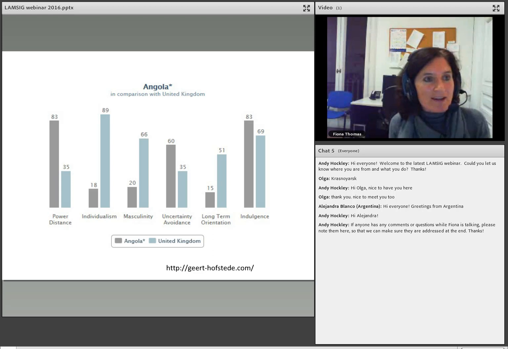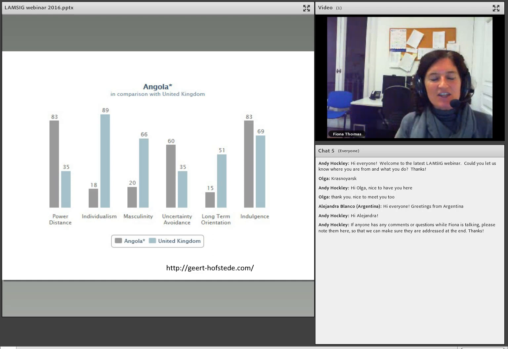They're just scoring on how important certain things are in those different categories. So if you look at the second category, that of individualism, you can see the darker grey, that's Angola, scored 18 out of 100. Whereas in the United Kingdom, the British scored 89 out of 100. So you can see there immediately how incredibly different our cultures are.